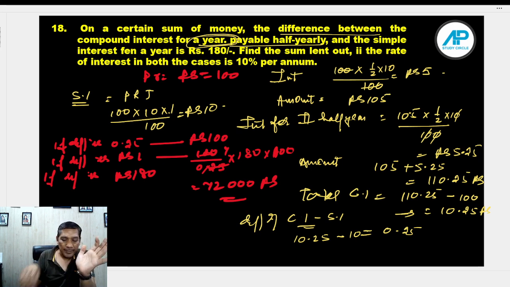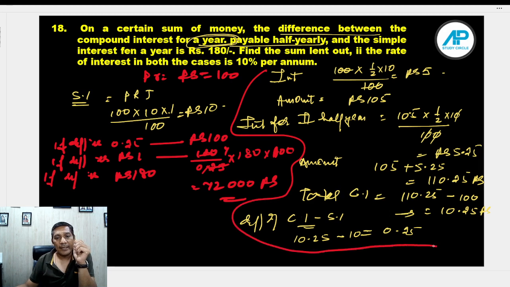So the question has 3 parts basically. I'm marking them up. The first part is where I am finding the compound interest. Then the second part is this bracket, where I am finding the simple interest. The third part is where I'm finding the difference between the compound interest and simple interest, which is rupees 0.25.